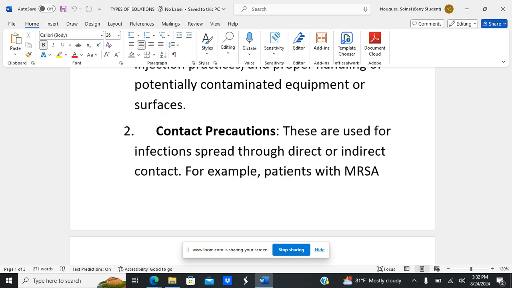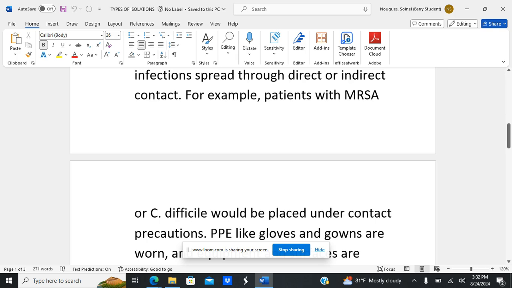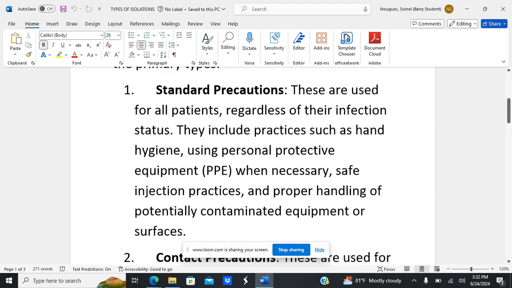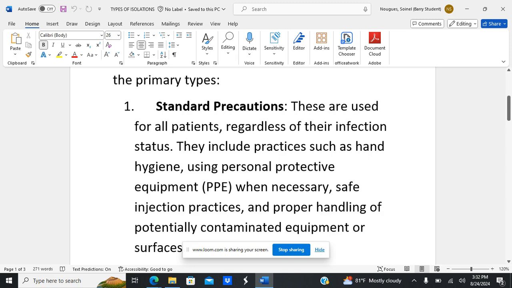For example, patients with MRSA. You need to be careful with those patients, so they would be placed on contact precaution. They can ask you questions regarding which patient should be placed in contact precaution, and which patient would be placed in, for example, standard precaution.